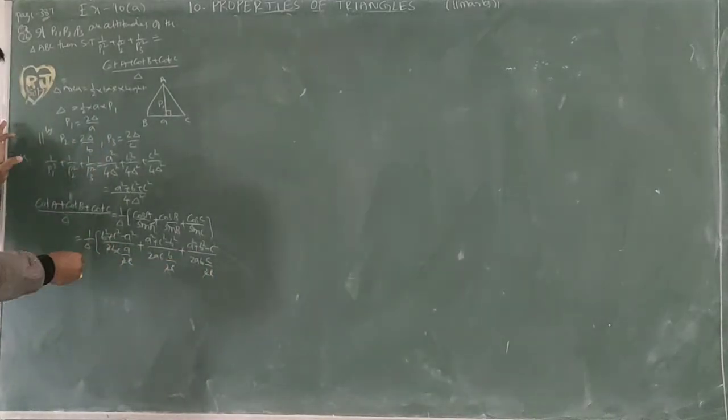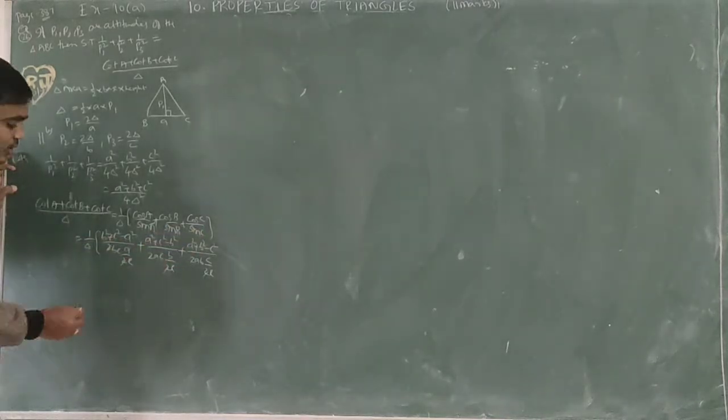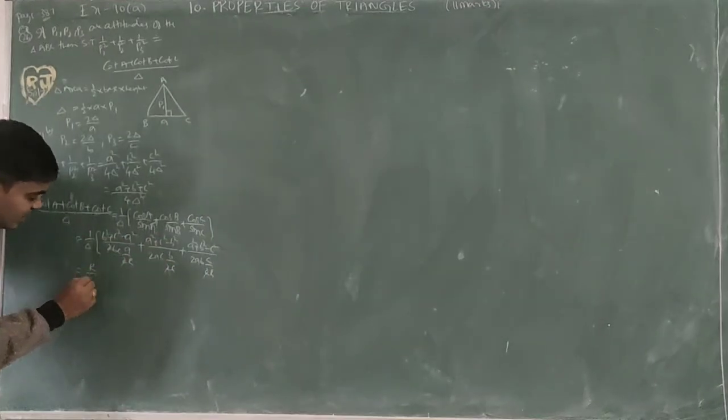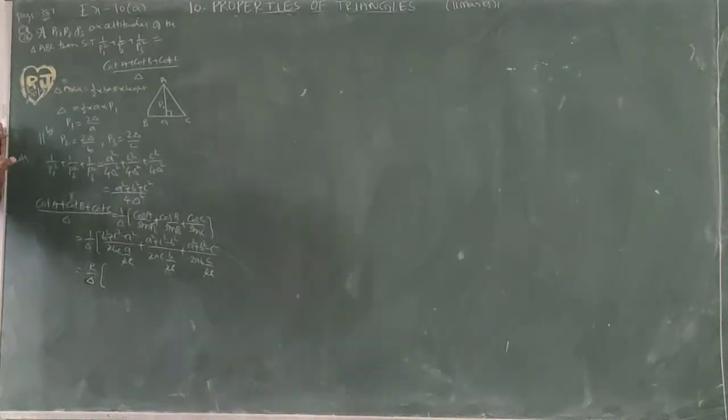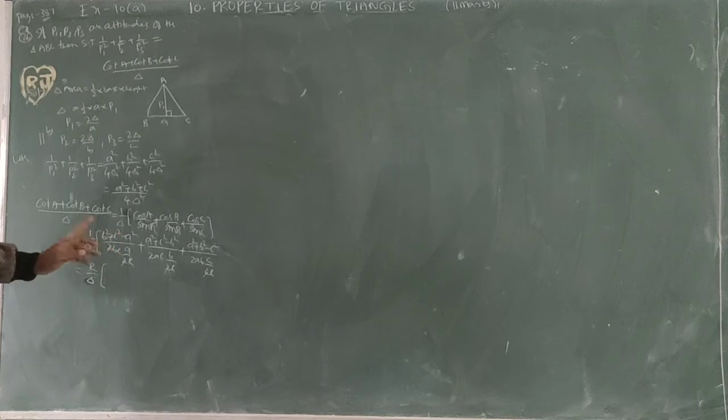So R comes to the numerator. So R by delta.